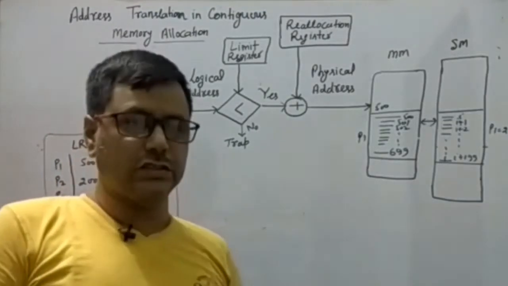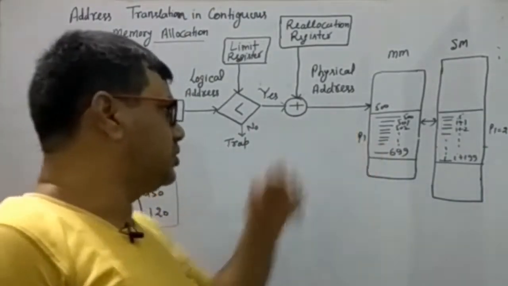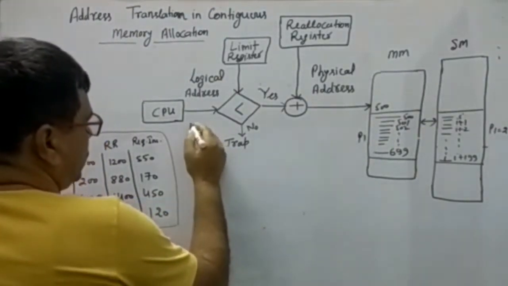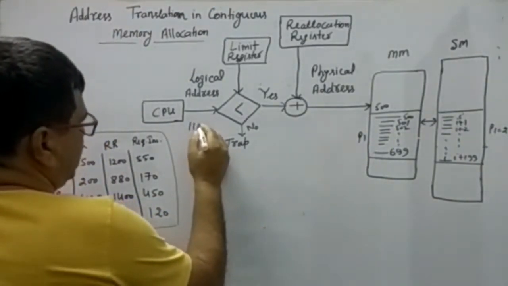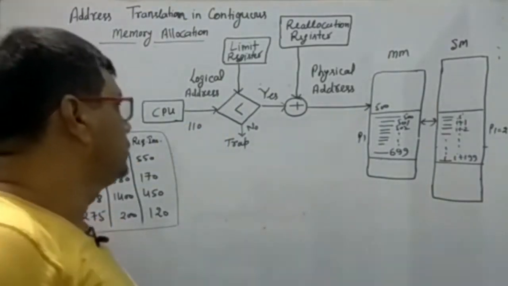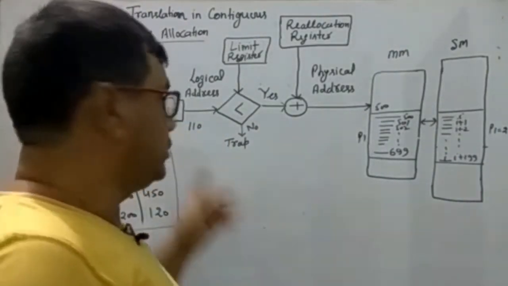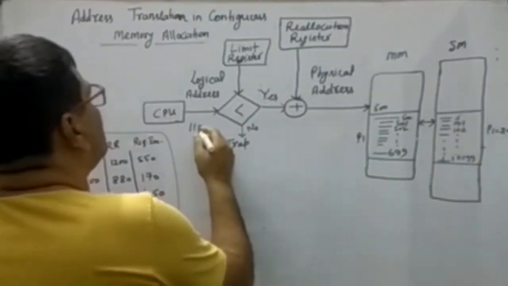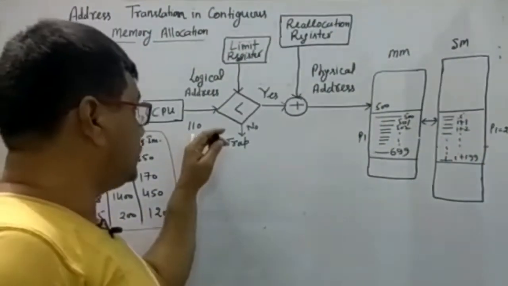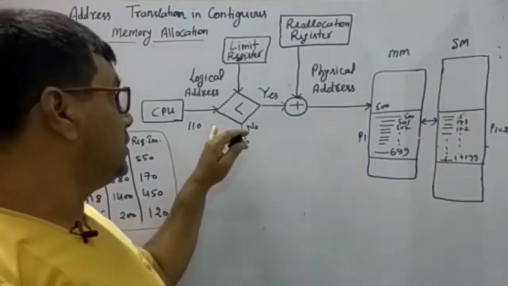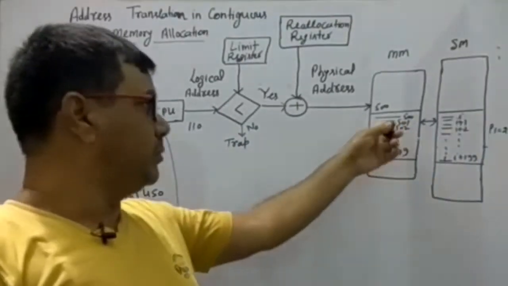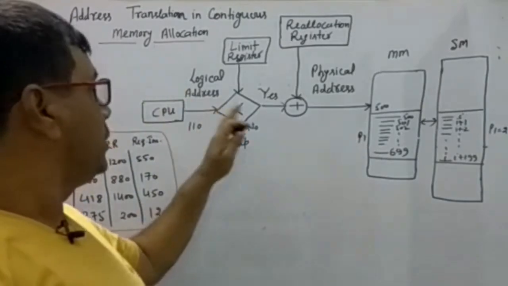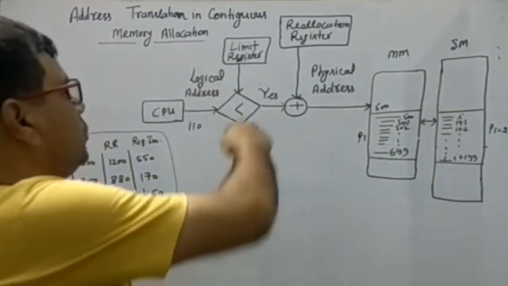Now, when the CPU wants to execute some instruction, let's assume instruction number 110 needs to be executed. This instruction number is the logical address, meaning instruction number 110 needs to be accessed from the memory.